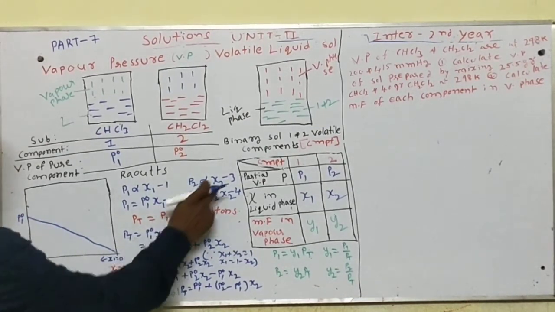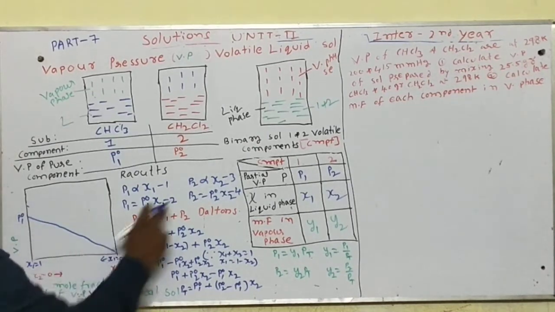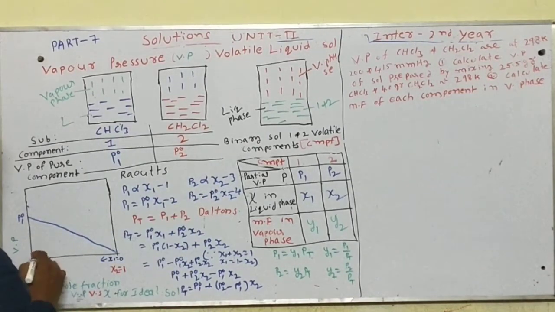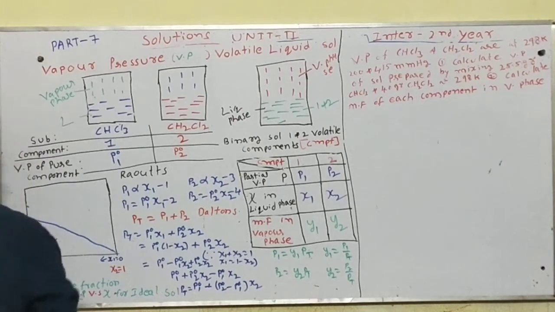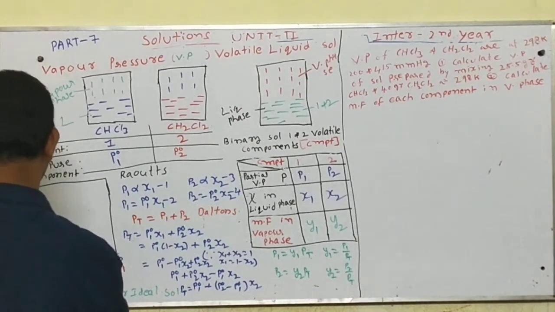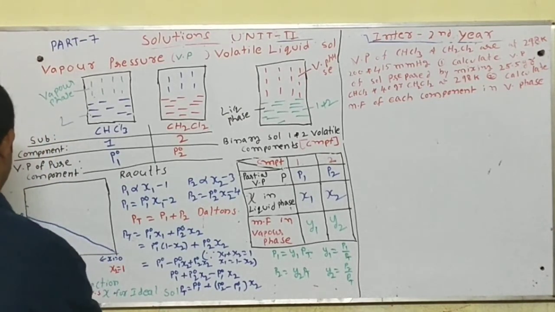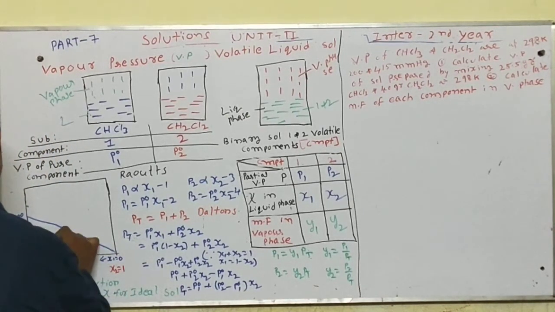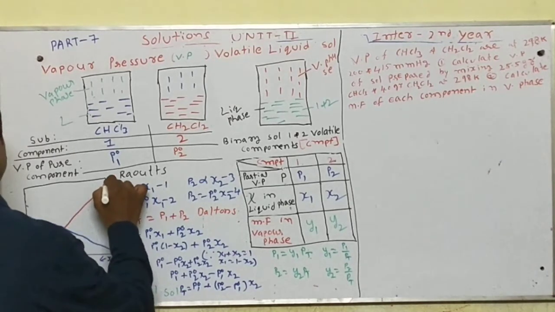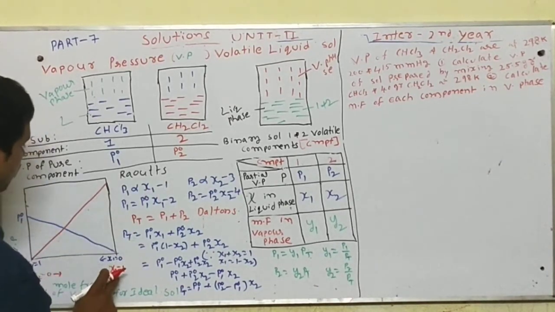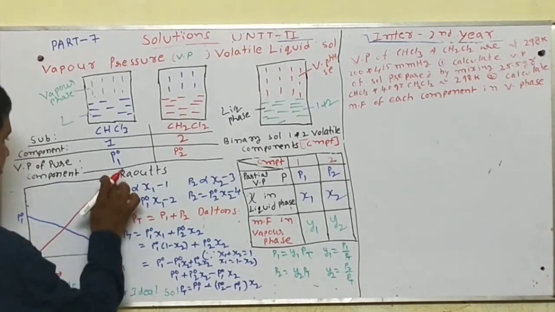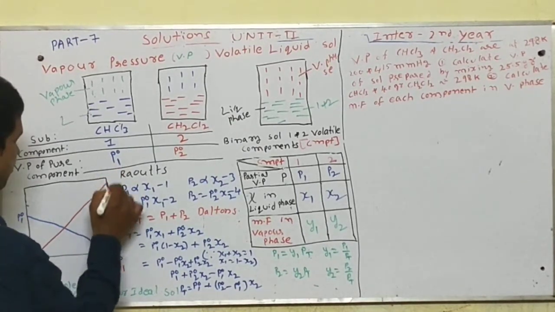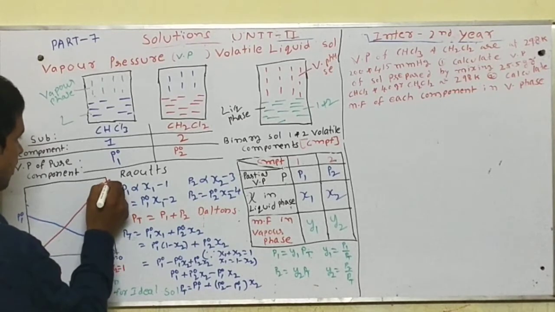Next, from equation 3, P2 is directly proportional to x2. So here the mole fraction x2 is 1, that means the pure component is present, and the pure component vapor pressure is P02.